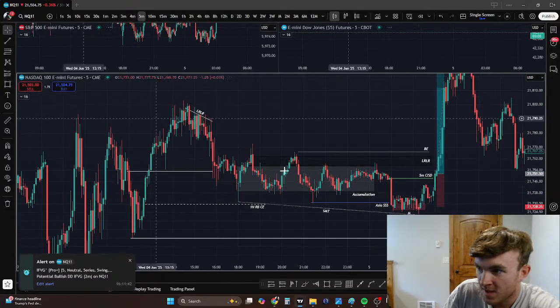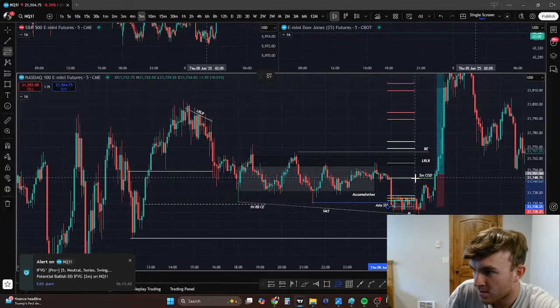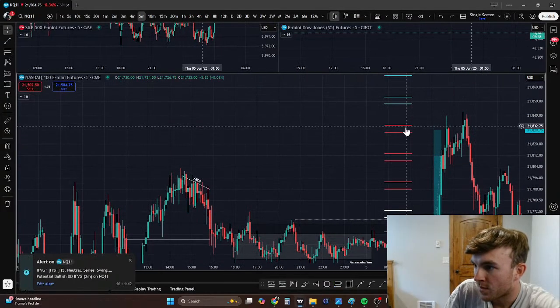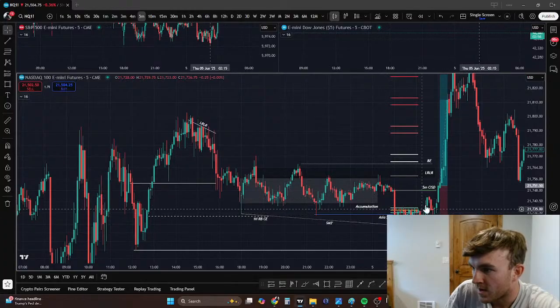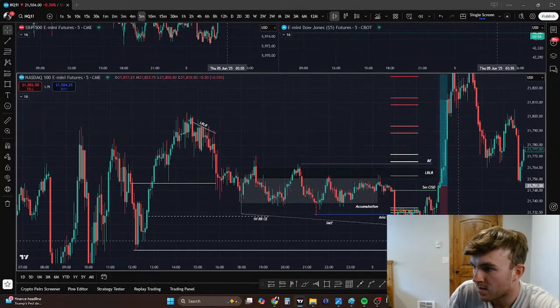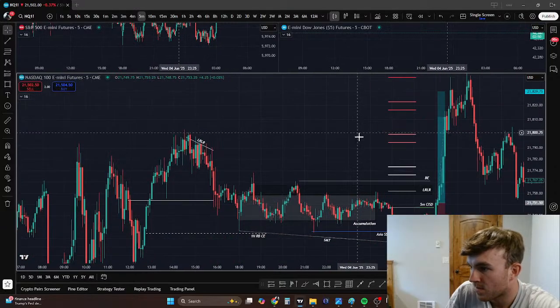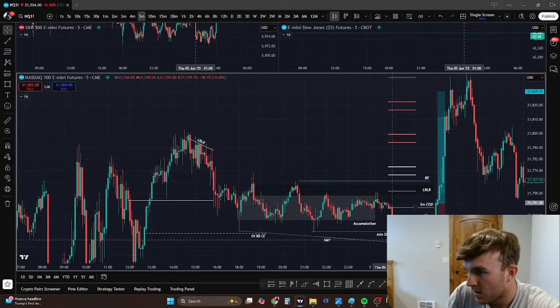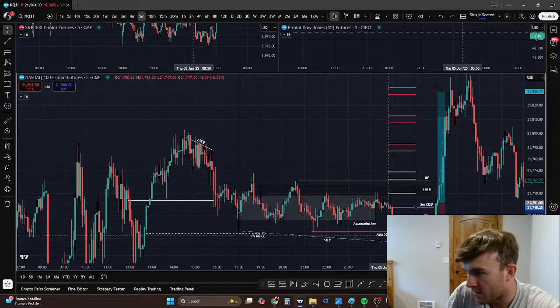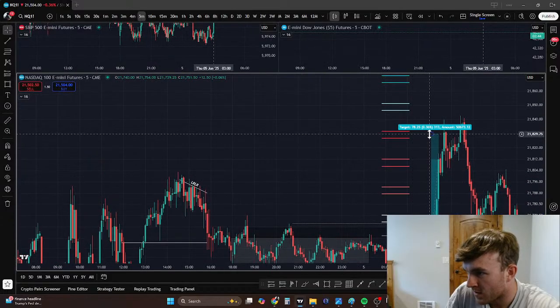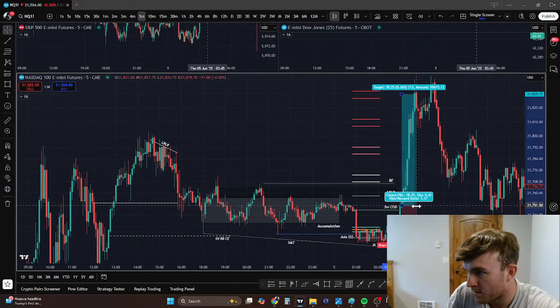And then once again, check this out. Standard deviations. Fourth one lines up right there. If you measure it from the body, you've got the fourth standard deviation right there, and then boom, right up to it.